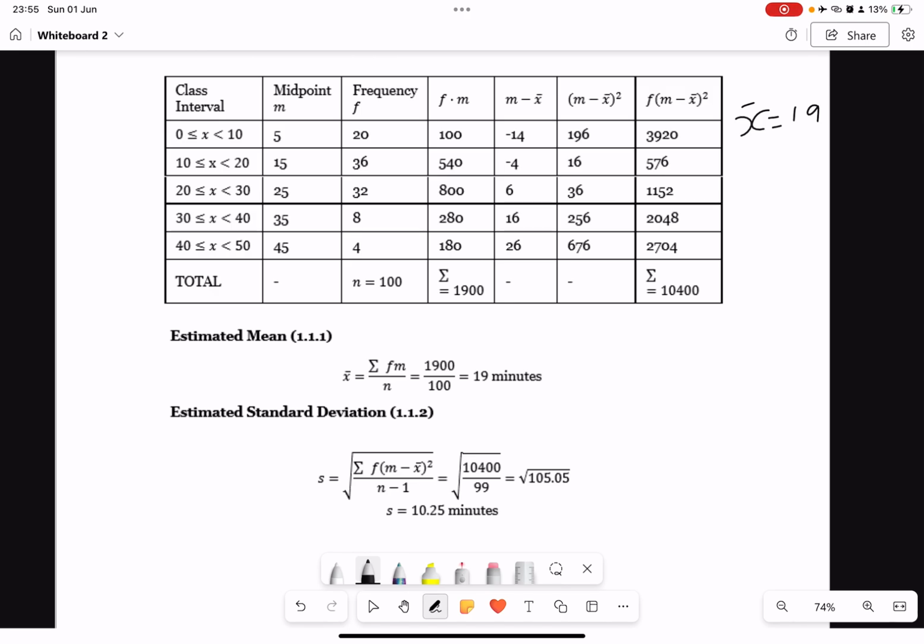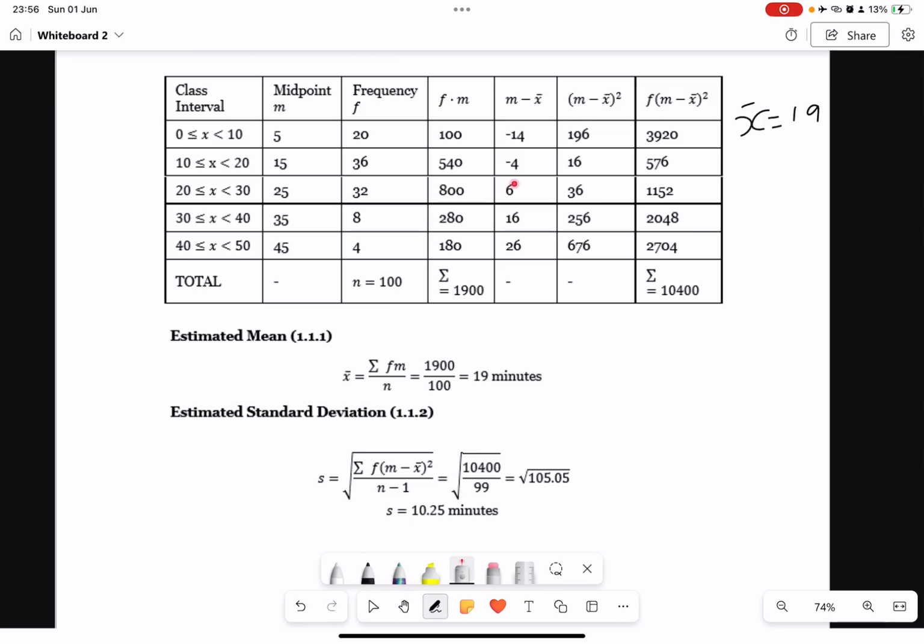So you're going to take each and every midpoint and minus 19. So for example, 5 minus 19 will give you negative 14. 15 minus 19 will give you negative 4. 25 minus 19 will give you 6, and so on and so on, right?